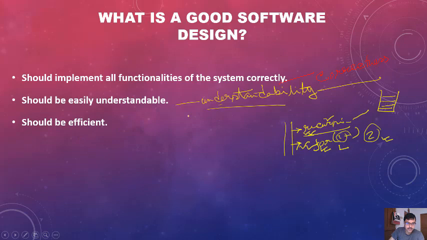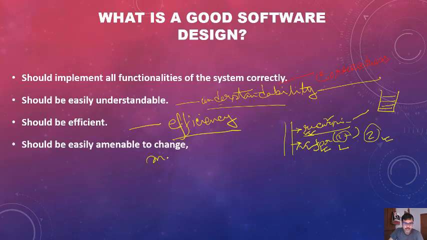Next, your design should be efficient. Efficiency you cannot actually measure by some unit or other steps. That efficiency comes from the software engineer's experience. Now the last one is maintainability.